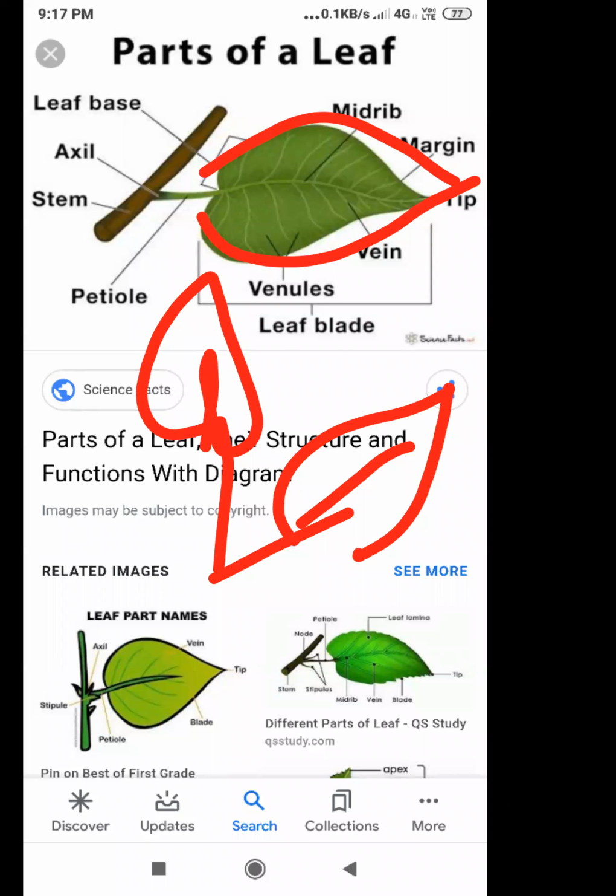Next, coming to the external structure of the leaf. The leaf has a stalk-like structure.